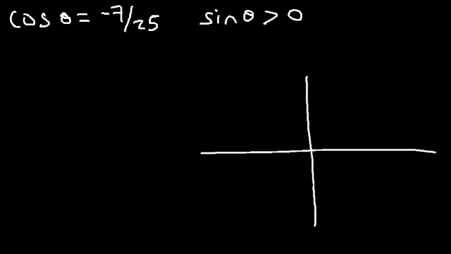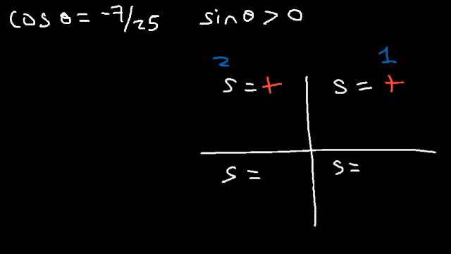So let's review some things. Sine is positive in quadrants 1 and 2. Sine is negative in quadrants 3 and 4. Cosine, which is associated with the x value, is positive in quadrants 1 and 4.